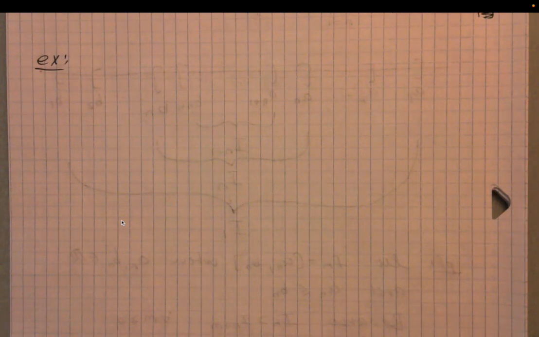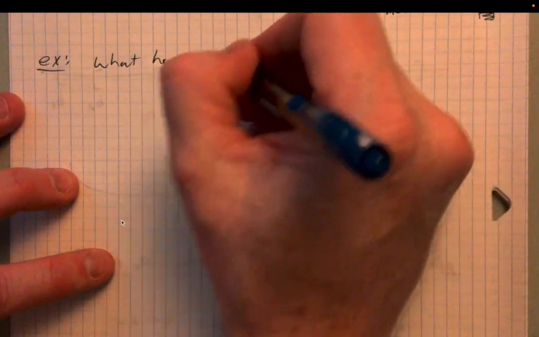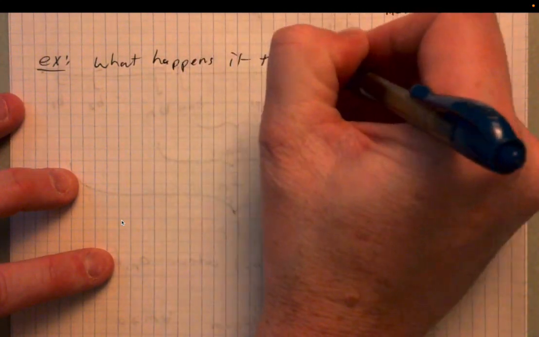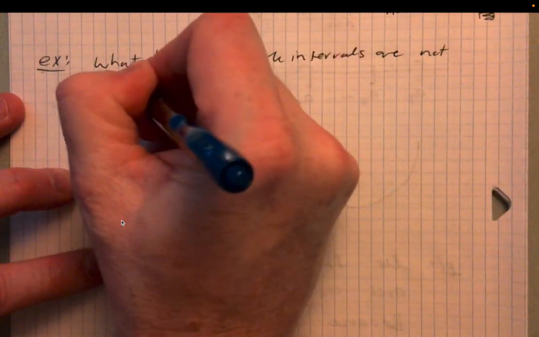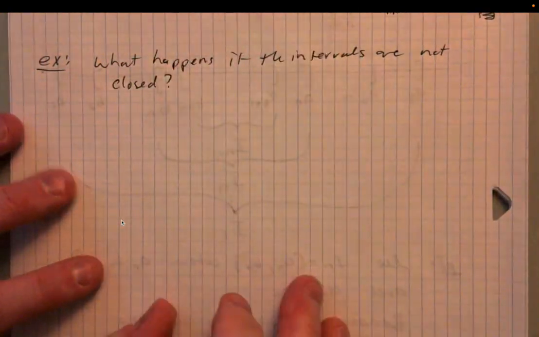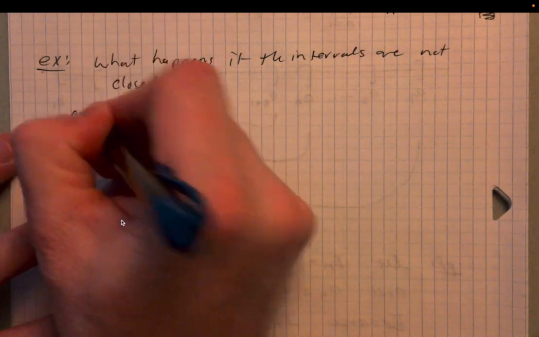Well, it does matter, obviously, but the fact that they're all closed is absolutely imperative, right? Because what happens if the intervals are not closed? Does it work? Let's take an example. Let's look at a counterexample where it doesn't work, where it kind of falls apart.